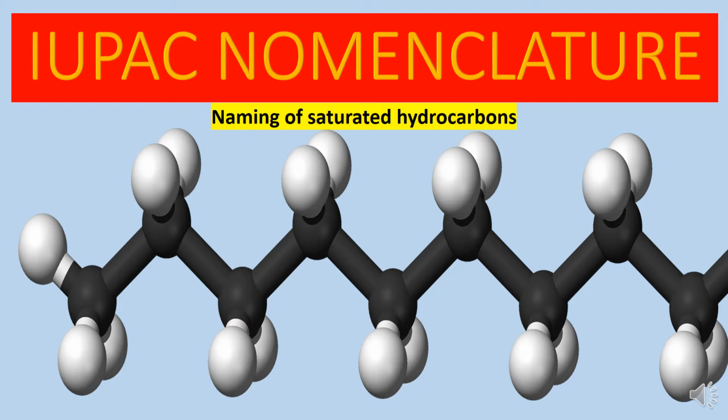Moreover, they are not uniform worldwide. So there is a proper name given to each and every compound by the International Union of Pure and Applied Chemistry. Today we'll discuss IUPAC naming for saturated hydrocarbons.